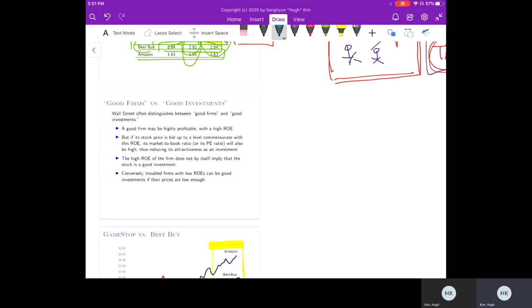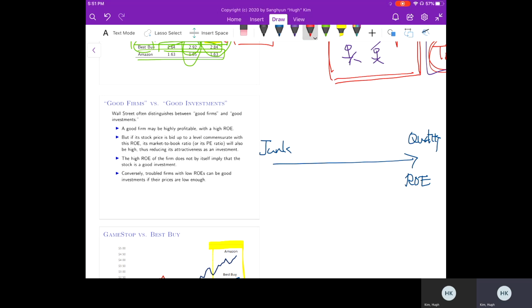So in a two-dimensional graph here, if you had ROE on the x-axis, quality and junk, so high ROE is good companies.